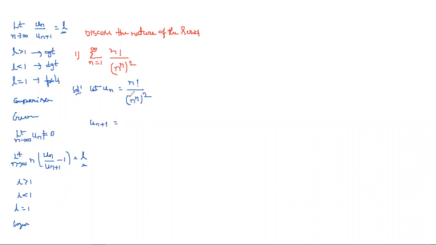So un plus 1 is nothing but, simply substituting n plus 1 in place of n, (n plus 1) factorial by ((n plus 1) power (n plus 1)) whole square. So this is un plus 1.